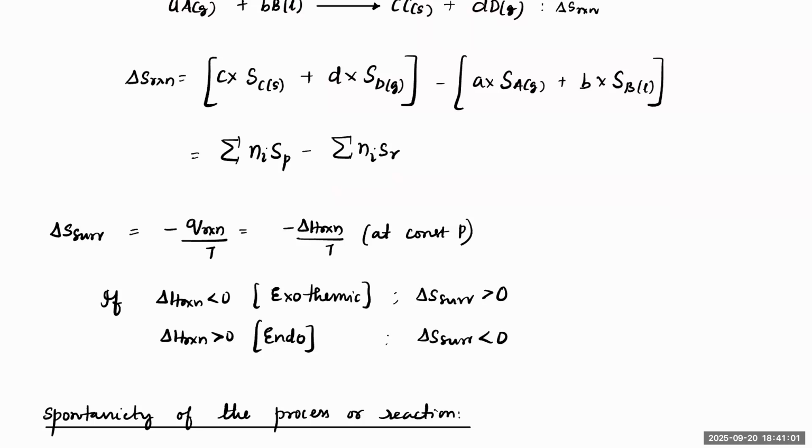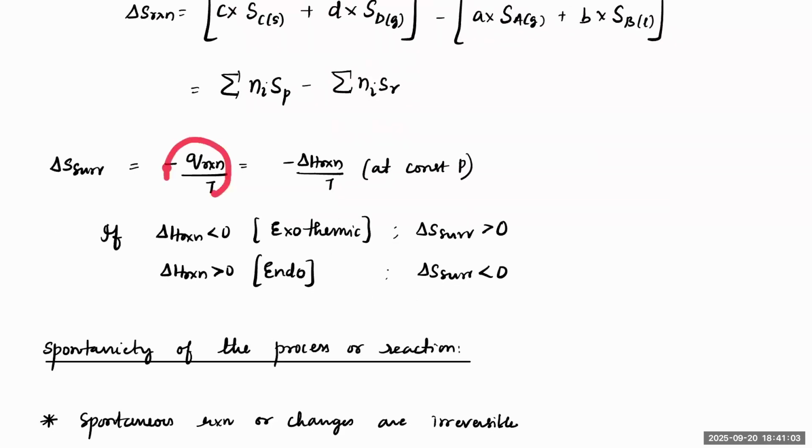Everyone got that? Now notice delta S of the surroundings, on the other hand, will be the amount of heat that has been given to the system, in a negative value. So minus Q reaction by T. And Q reaction can be written as minus delta H of the reaction, so delta S of the surroundings is delta H of the reaction by T with a negative sign.